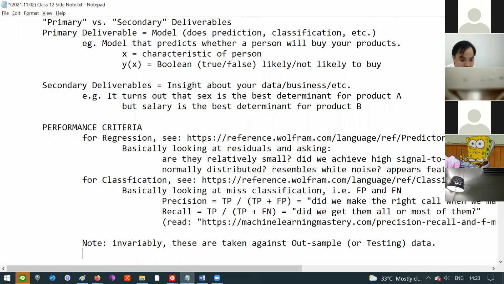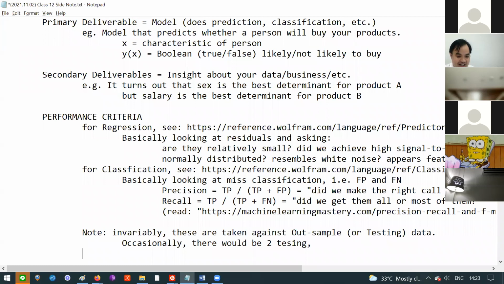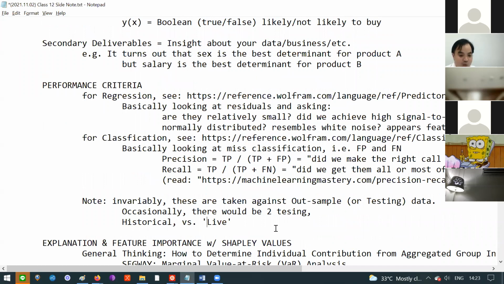Now, occasionally there would be two kinds of testing, historical versus live. In other words, when you take all the data in the past and you take 10% out, that's historical.